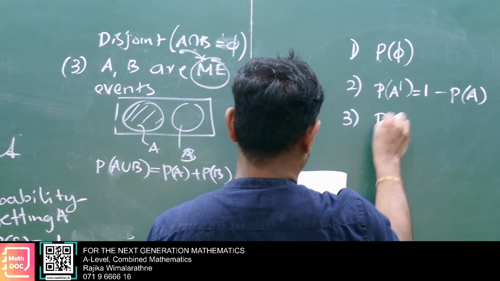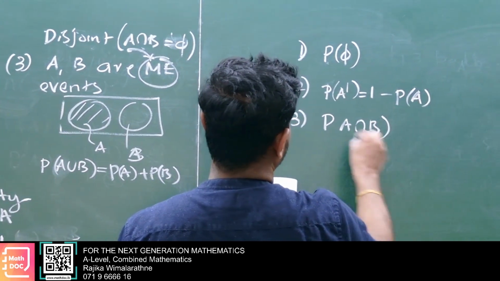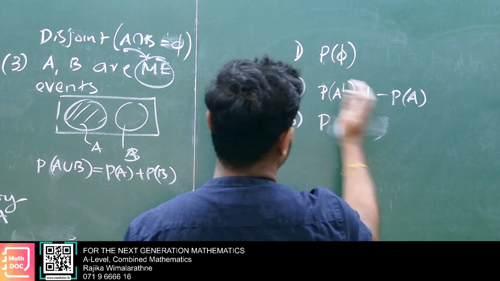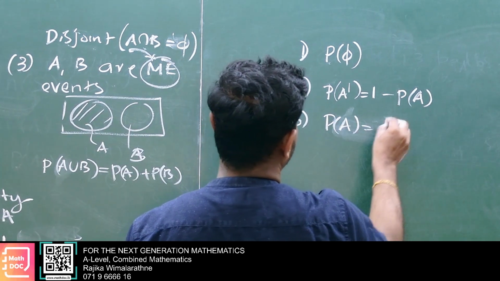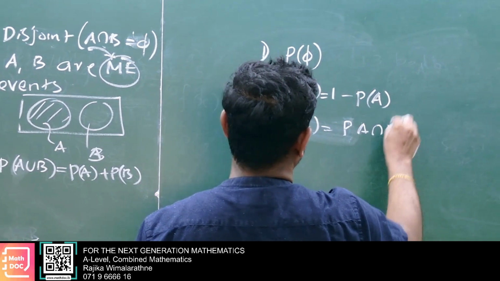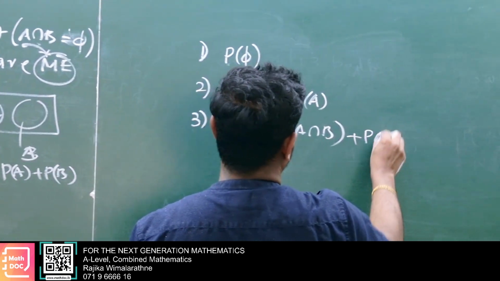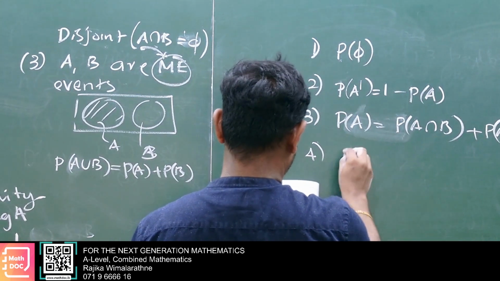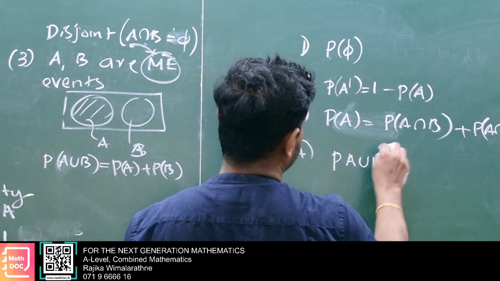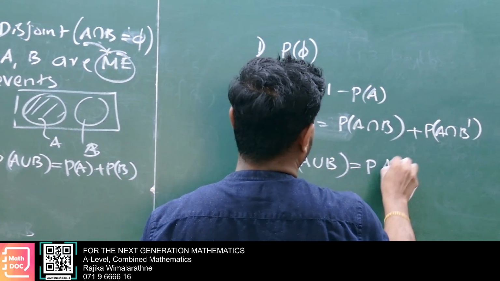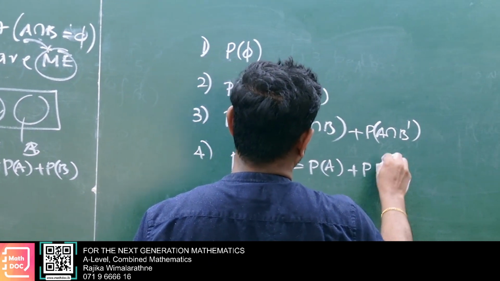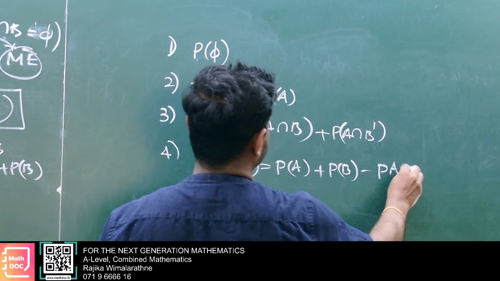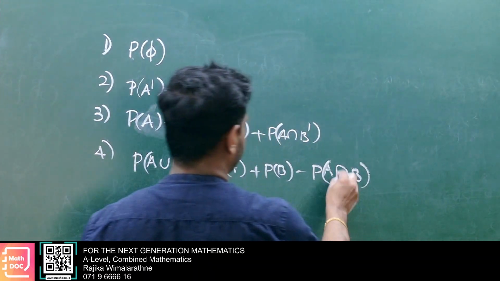Third theorem, P(A) equals P(A intersection B) plus P(A intersection B dash). Fourth theorem, P(A union B) equals P(A) plus P(B) minus P(A intersection B).